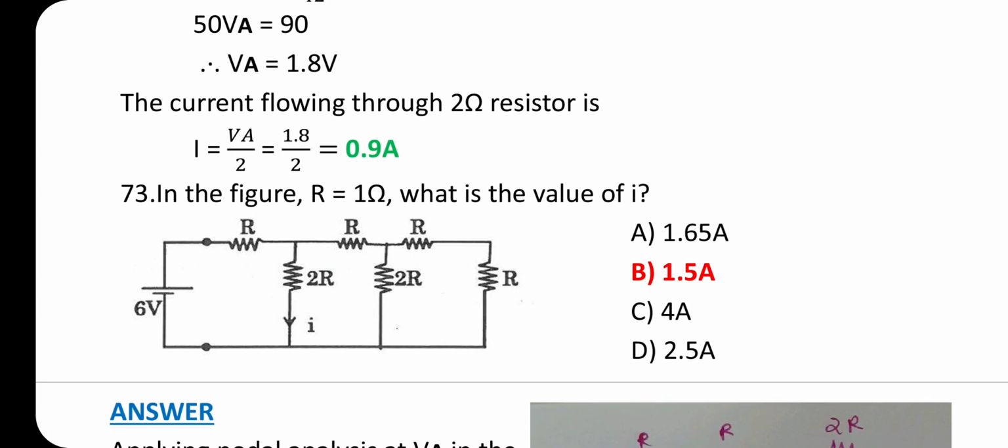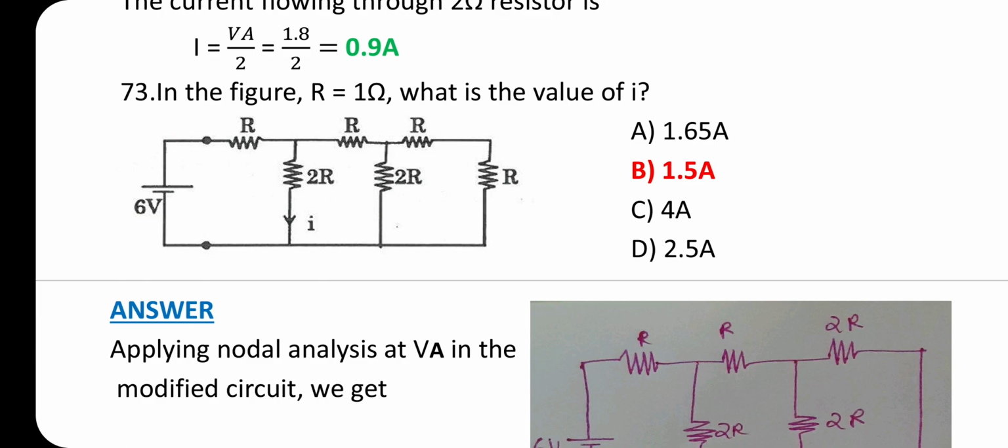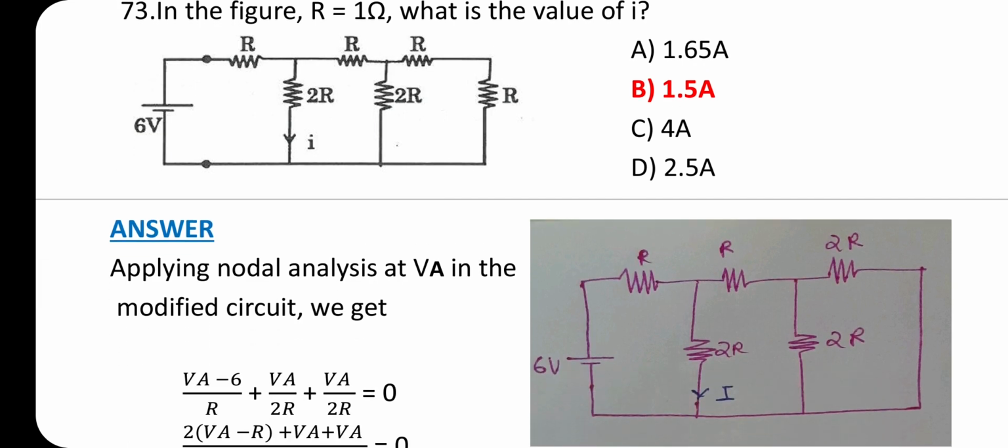Question number 73. In the figure R equal to 1 ohm, what is the value of I? Answer is option B, 1.5 ampere. From the diagram, we can combine the last R and R which are in series, which is equal to 2R.